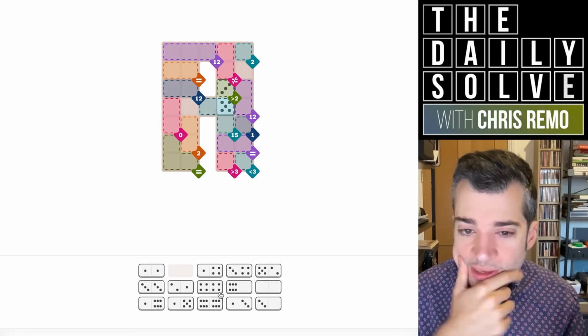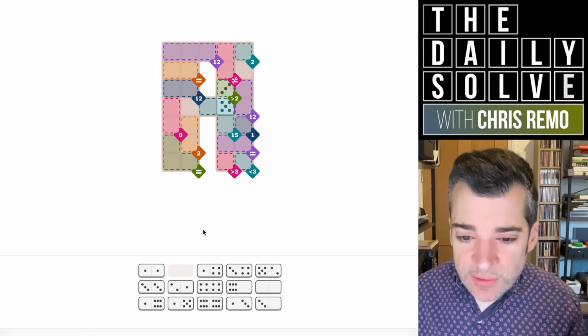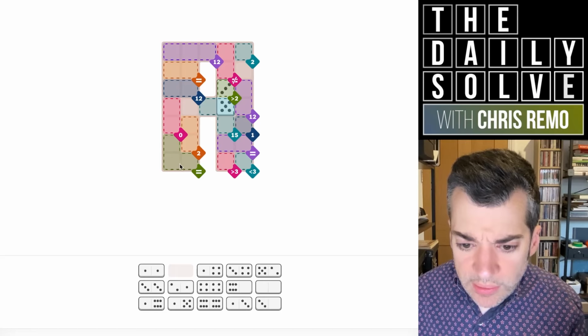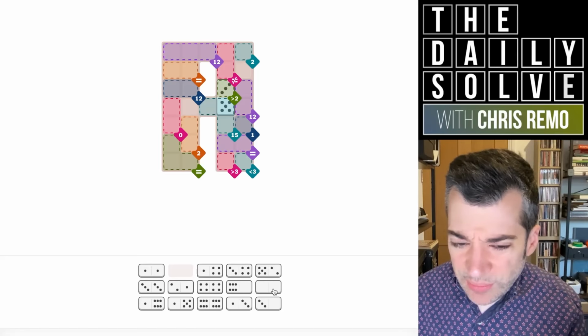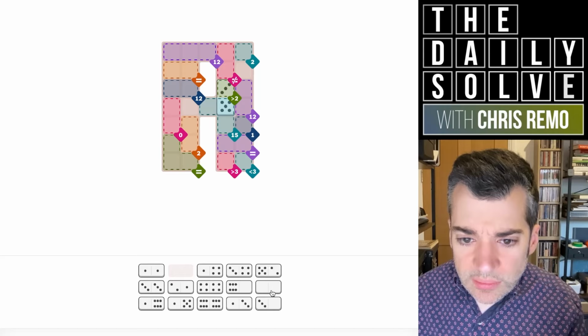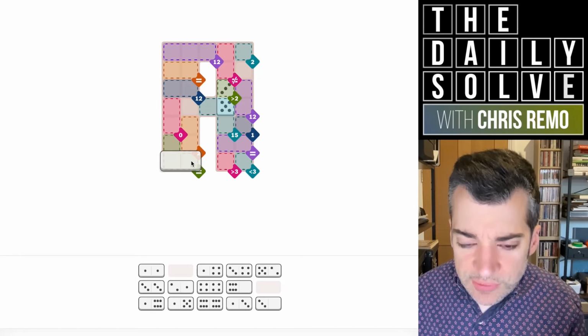So can we keep using those restrictions? For instance, this 3-cell equivalence region does need a double of something because it's in a corner there. So it could be double 0. It probably actually can't be double 0. No, it can't be double 0 because, well, no, it just could be. Maybe.